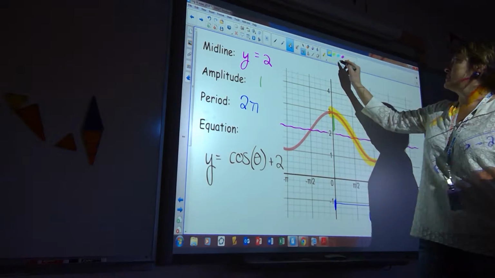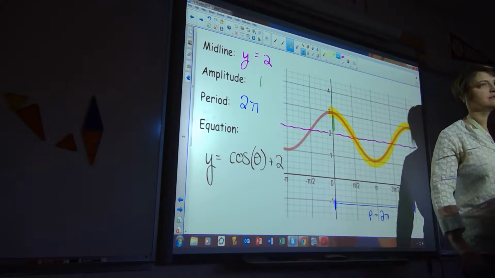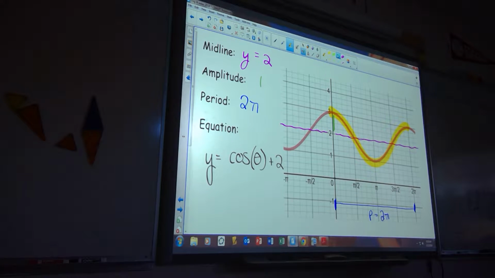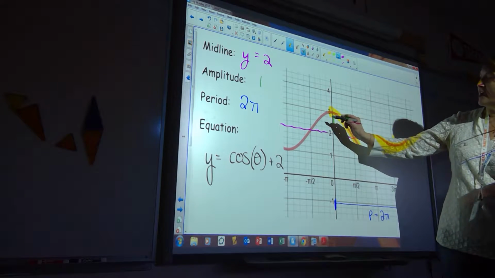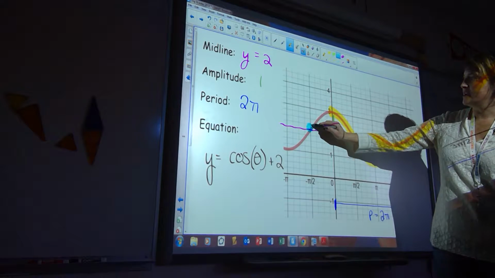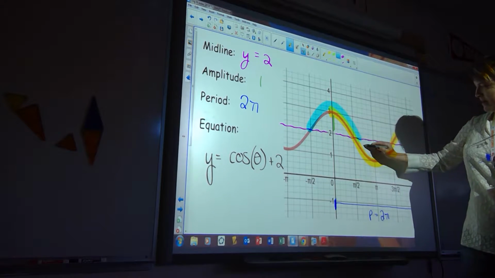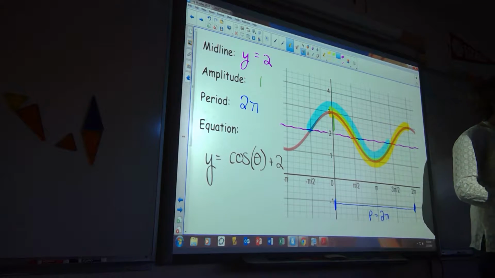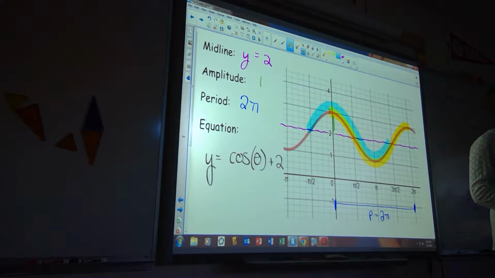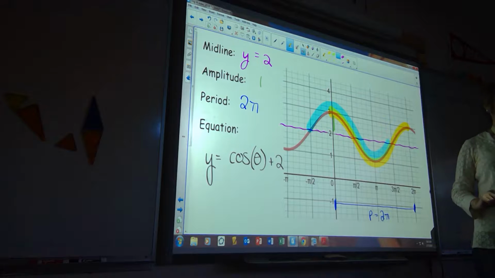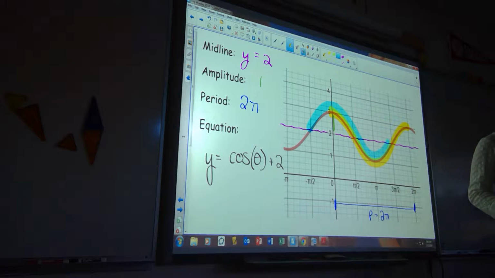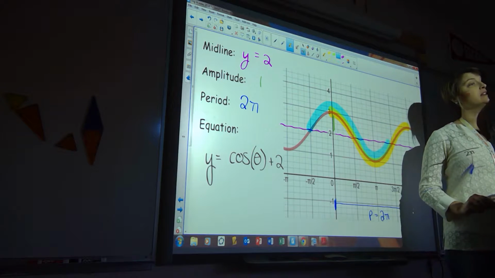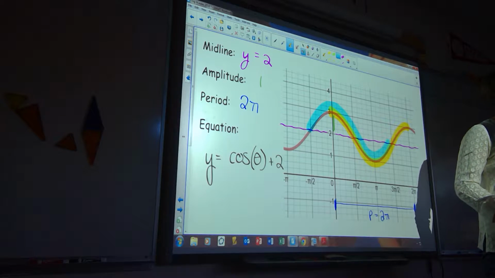I did want to point out to you, let's look for a sine curve here. So let's see. I see a full sine curve. If I start here, and I go up, and I come back down, and I come back to the midline. So I could technically also give an equation for this exact same curve using sine. It will be a completely different equation than the cosine one.